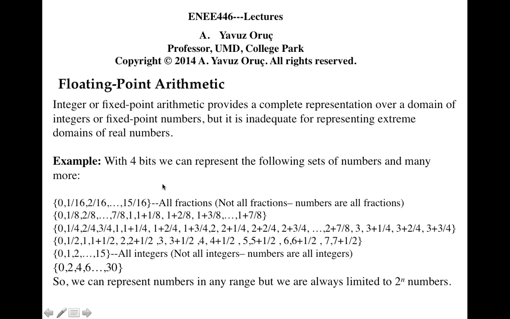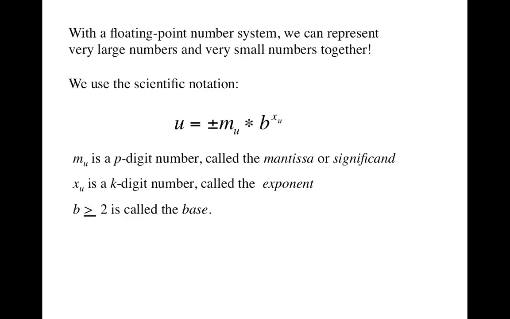So the idea is to have that point somewhere, and that somewhere is critical in how we view these numbers. For that, we resort to scientific notation. In this notation, we have a sign bit, a mantissa, which is a p-digit number, sometimes called the significand, a base, b, and an exponent, x sub u.